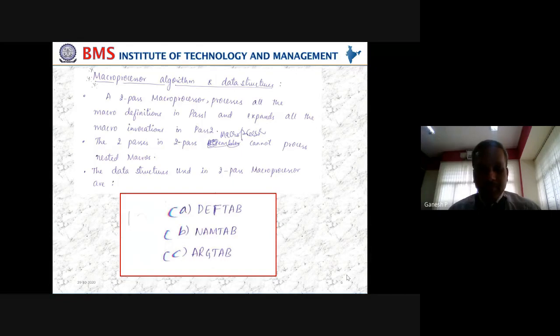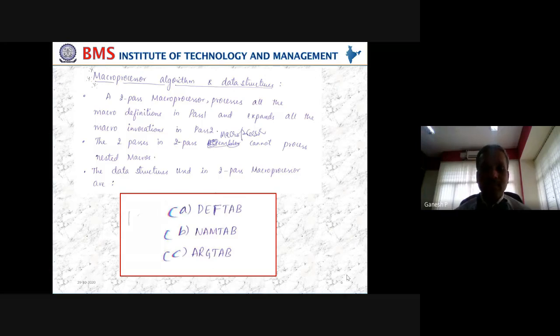Tables: definition table. DEFTAB stands for definition table. As the name says, it is going to hold the information related to the macro definition. NAMTAB is going to contain the names of the macros along with the pointers to the definition of the macro body. Next, the argument table holds the actual arguments or parameters that we are passing during the macro call.